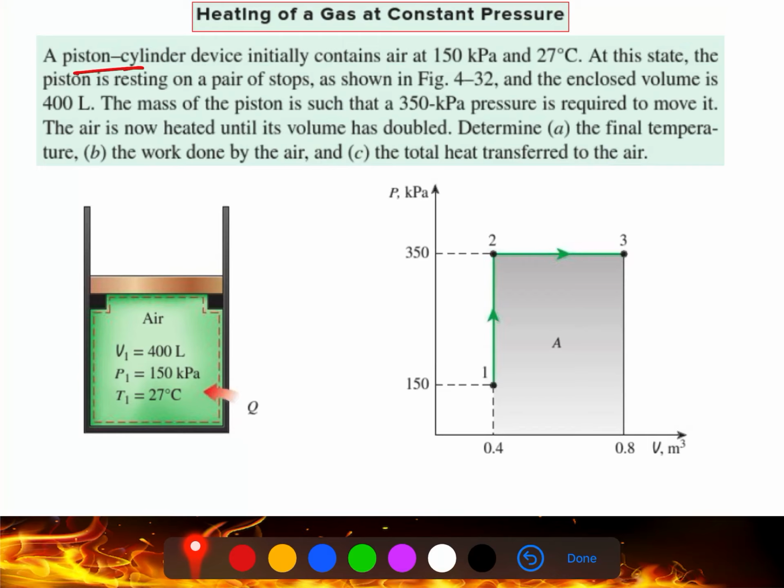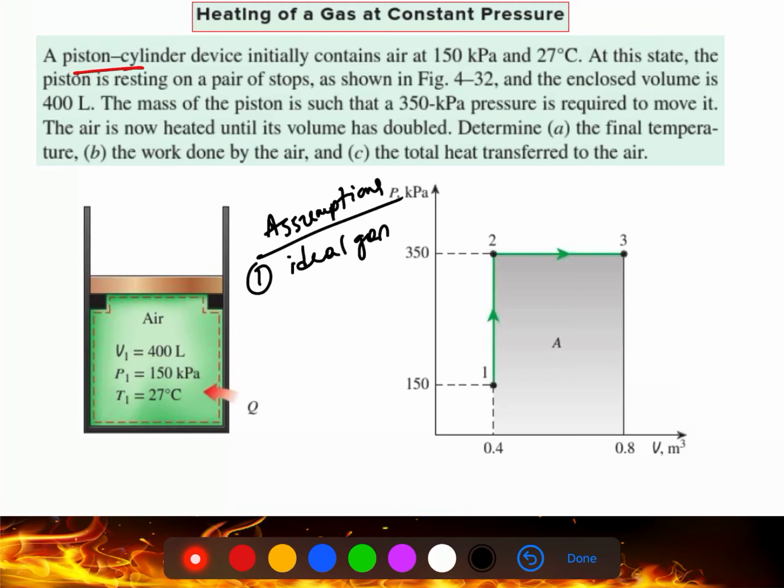First, from this drawing, we need to write down some assumptions. We'll have a couple of assumptions here. In this case, we will consider air an ideal gas, because it is at high temperature and low pressure relative to the critical point value.